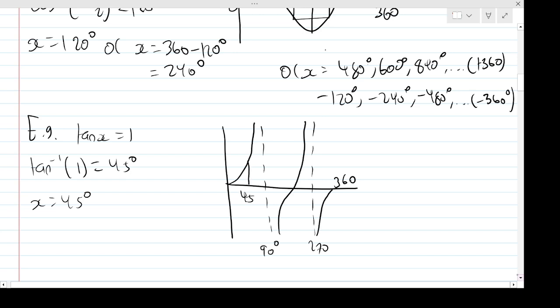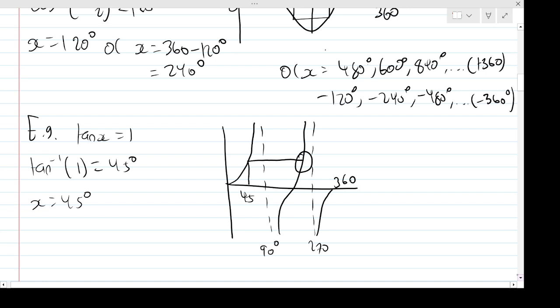So the other solution, if we read off in this way, would be there. How do we get to that point? Well, you should know the tan graph repeats itself every 180 degrees. Unlike the sine and cos graph, which repeat at 360, the tan graph repeats every 180.